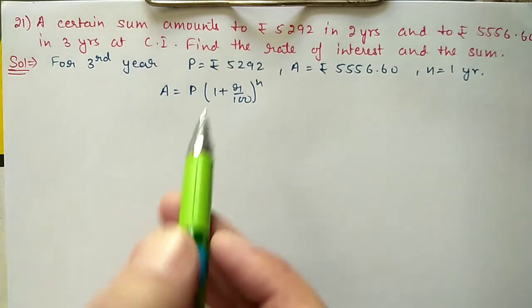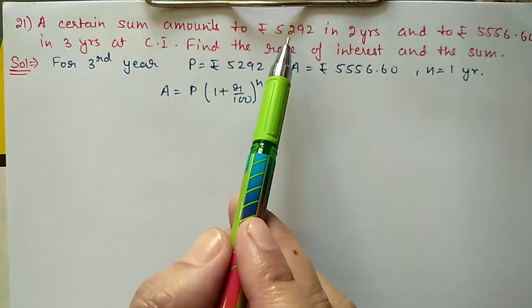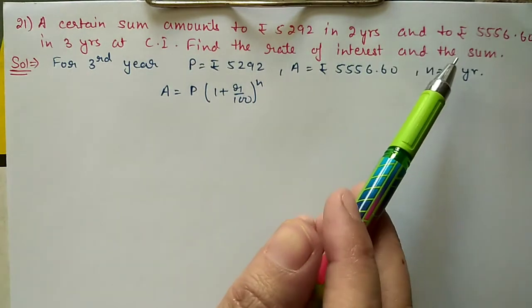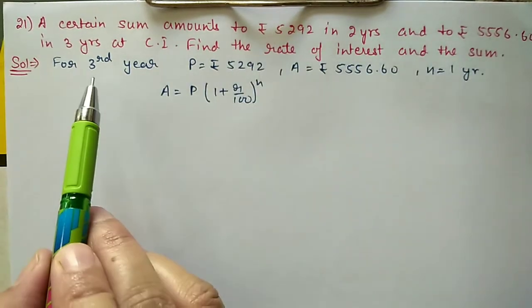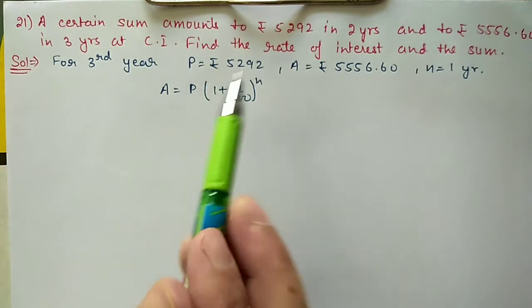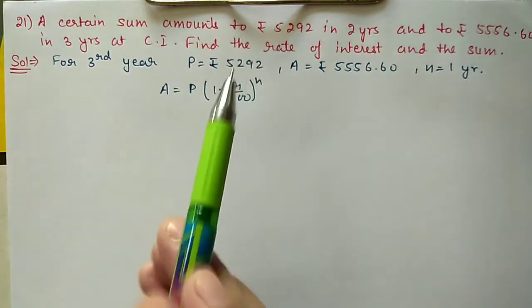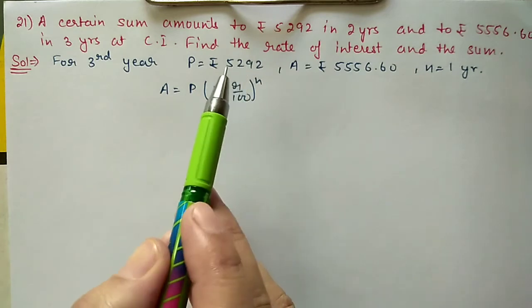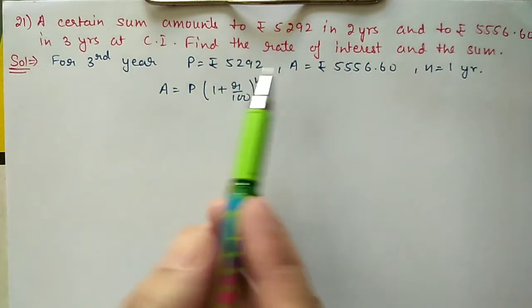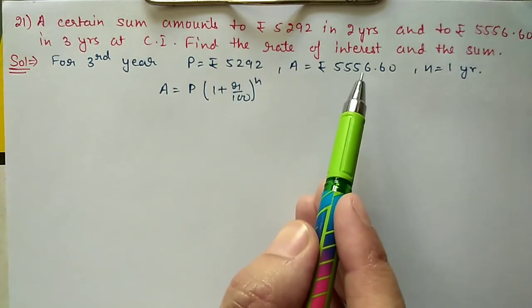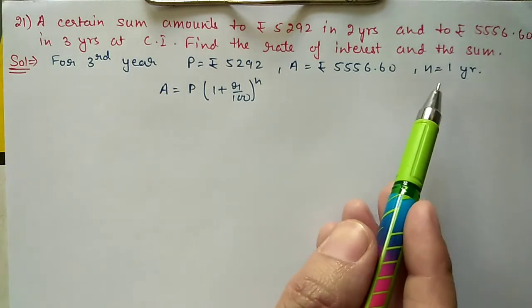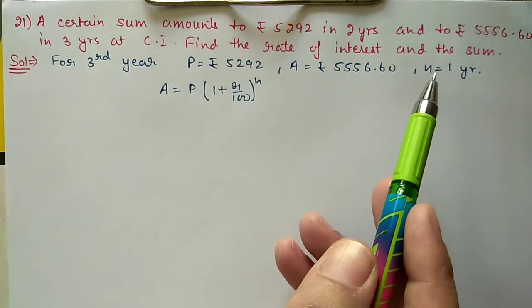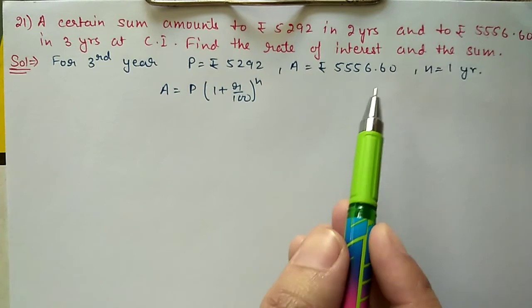But they have given here the amount after 2 years and the amount after 3 years. So we will do the calculation for the third year first. Whatever the amount after 2 years, that will become the principal for the third year. So for the third year, principal money will be 5292 and amount will be 5556.60, and the time is 1 year because we are doing the calculation only for the third year.